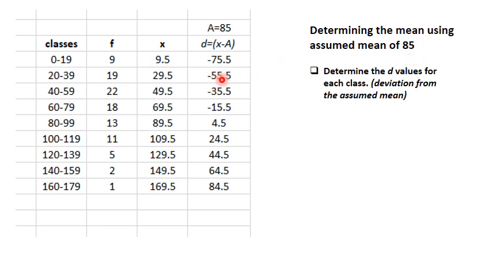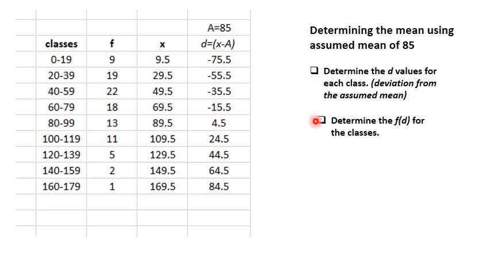Again, negative 55.5 will be 29.5 minus 85, which gives us that figure there. Again, that negative 35.5 will be 49.5 minus 85. All these values for the d's are just the deviation from the assumed mean, or how the midpoint deviates from the assumed mean, and that's basically how you develop that column there.